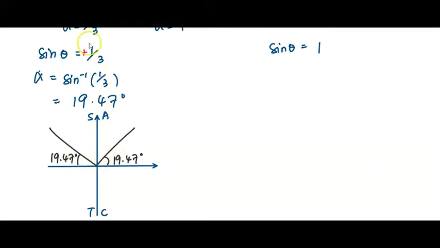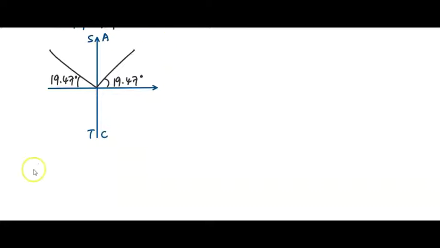Now you can start to measure your theta. Rotate from the positive x-axis to the line. The first angle that we get is 19.47, and for the second angle, rotate again from the positive x-axis to the line. We have 160.53.